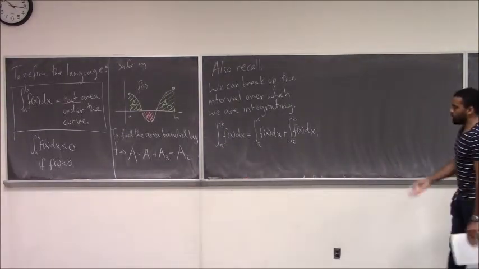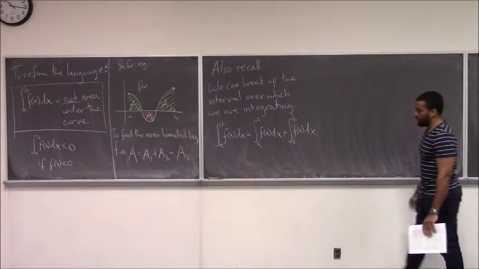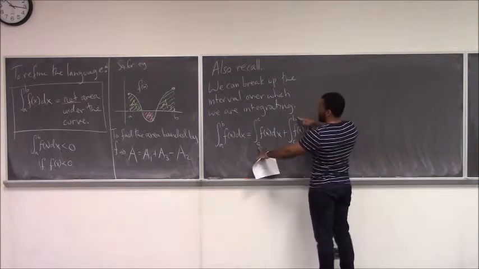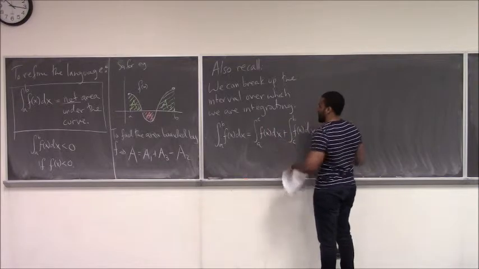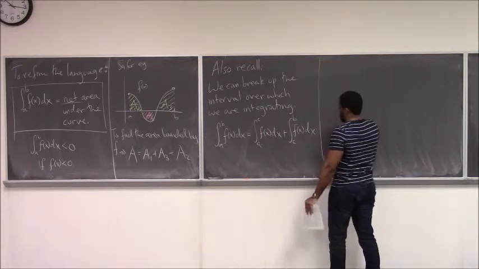You can pick any number and, instead of going directly from a to b, you can put in a middleman whenever it's convenient for you.